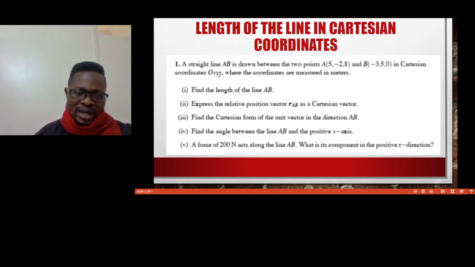You have X, Y, and Z, where the coordinates are measured in meters.